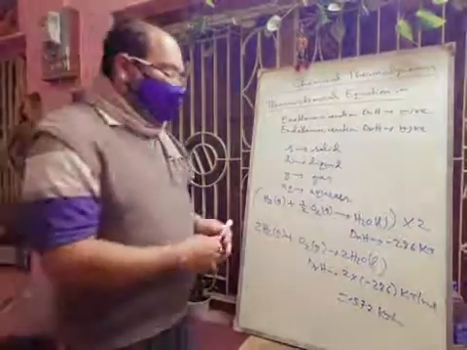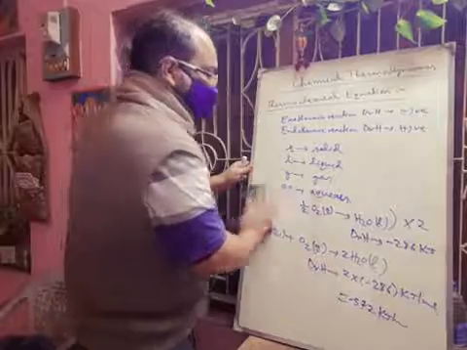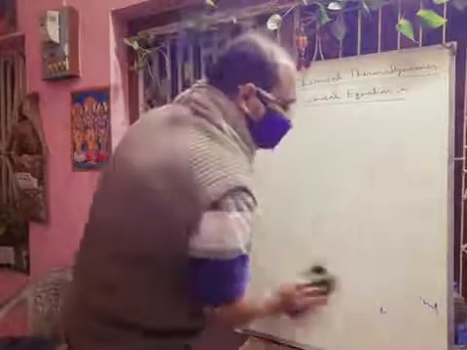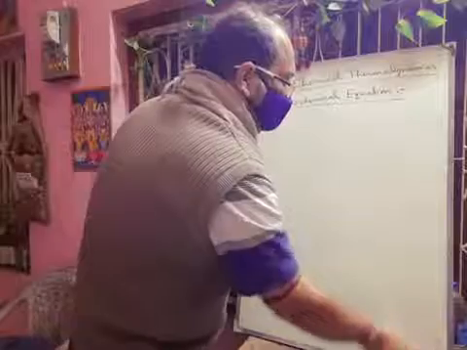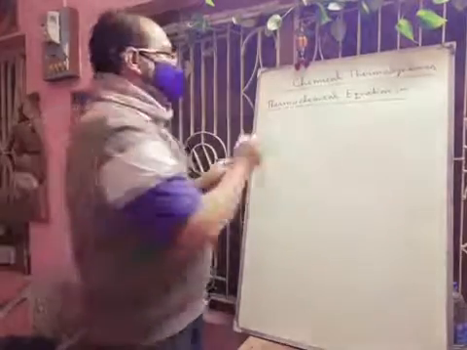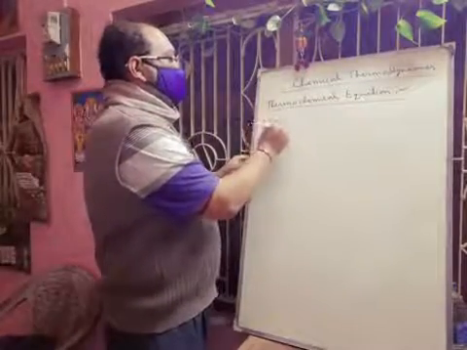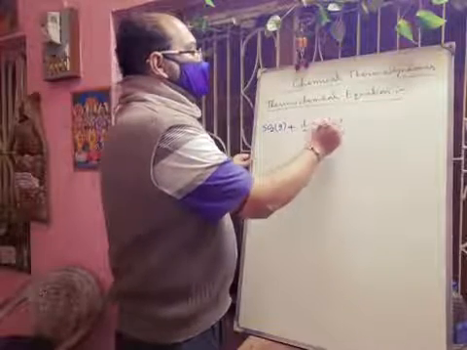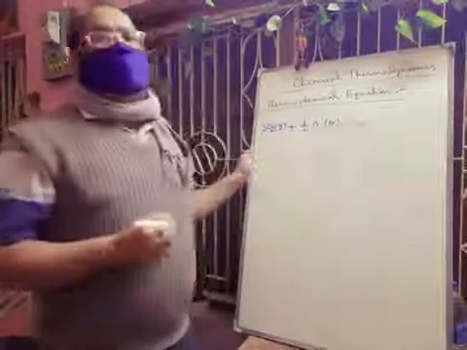Suppose I give you one example. Sulfur dioxide gas is reacting with oxygen gas forming sulfur trioxide gas.